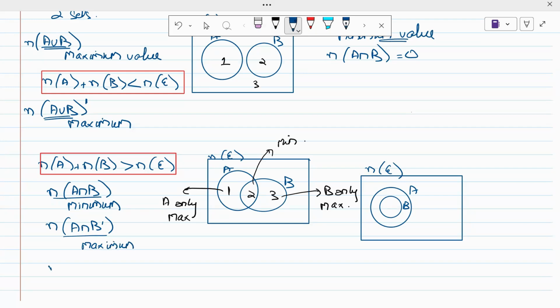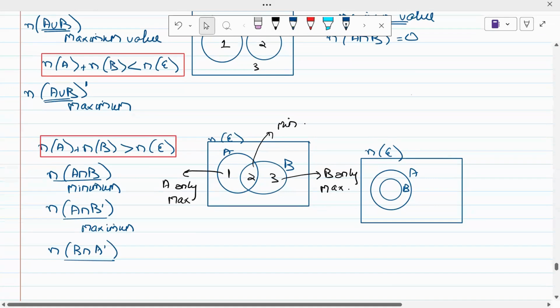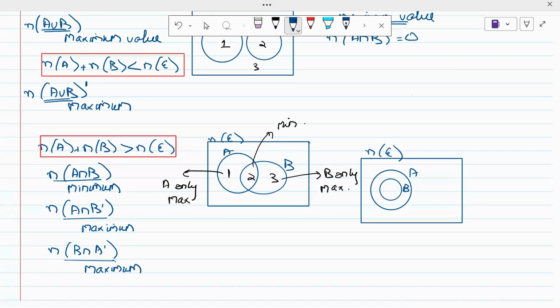And the same goes for N of B intersection A complement, A removed from B; this will be maximum in this case. And the region outside will be 0. To keep the intersection minimum, remember the outside values should be 0.